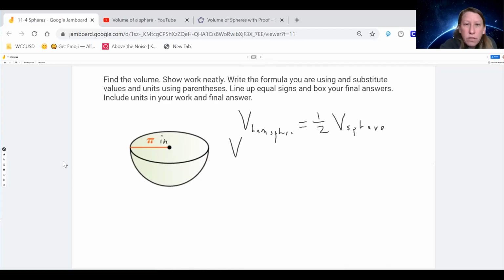So for this one, the volume of the hemisphere is going to be half times 4/3 pi r cubed, cubed because we're doing volume. The radius in this one is pi. So this is kind of a weird problem.